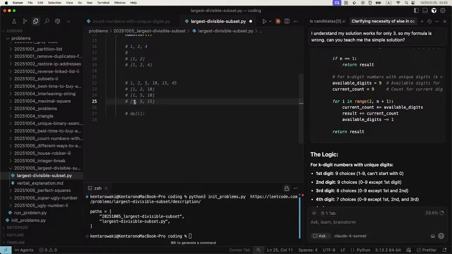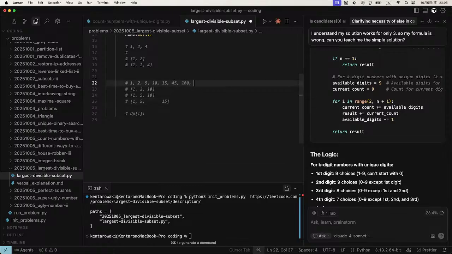No, because the last number would be changed at this point. They are all length 3, but the last element is 10 or 15, and we don't know which is better at this point, because if 45 comes next, 15 is better because we can append the 45 to the array.